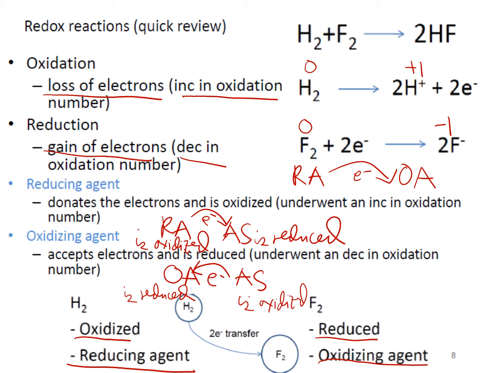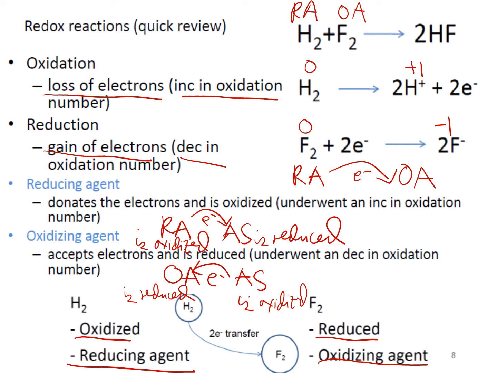So it is our reducing agent, okay? Our F is actually reduced, meaning from 0 to -1, it is reduced, so that is our oxidizing agent. So again, redox reaction is a reaction between the two, reducing agent and oxidizing agent.